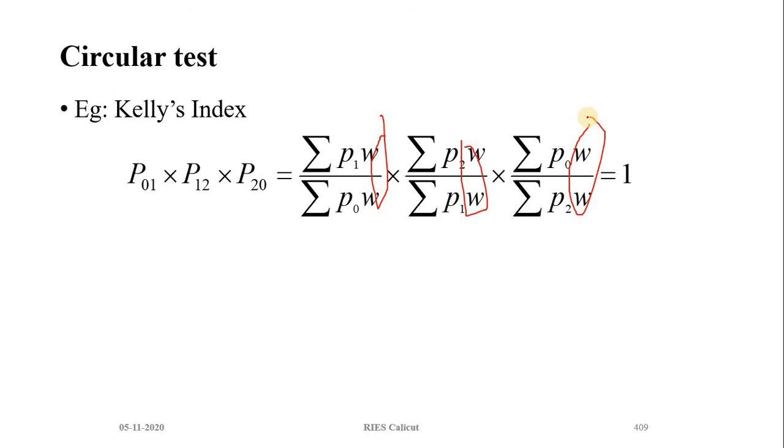If you get it, then the factor reversal test is satisfied. If you do not, this test is not satisfied. Most index numbers are not satisfied in this test. This test is satisfied by only one index number, called the Fisher index number. Fisher's index number is better known as the ideal index number or the best index number.